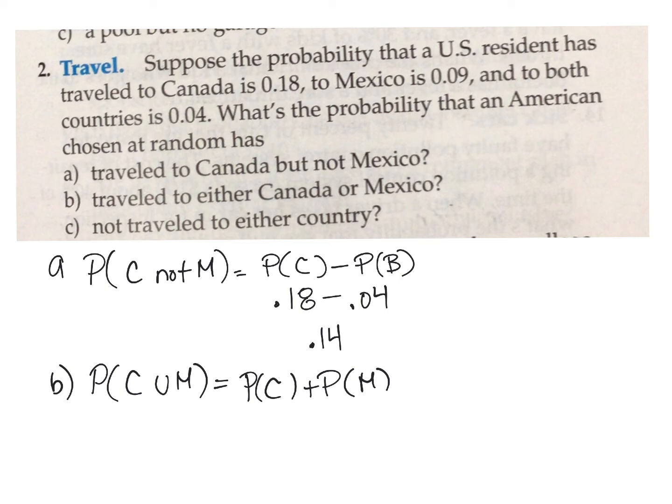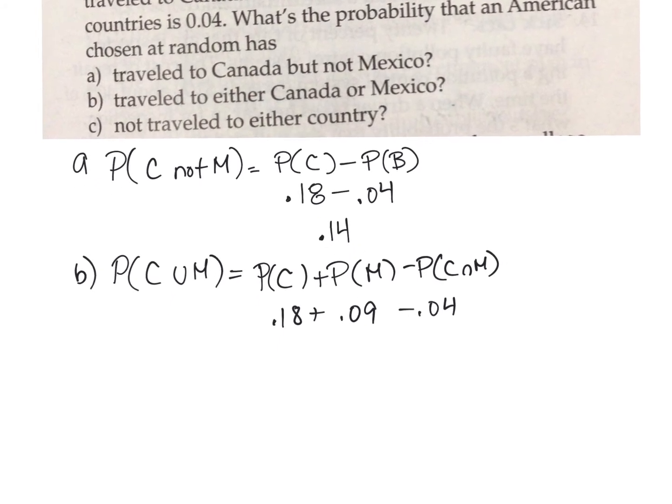You're double counting, right? You're double counting the people that have been to both countries, so we have to subtract off the probability they've been to Canada and Mexico, which is 0.18 plus 0.09 minus 0.04. Okay? So remember that when they are not disjoint or not mutually exclusive, we have to subtract the probability of both.